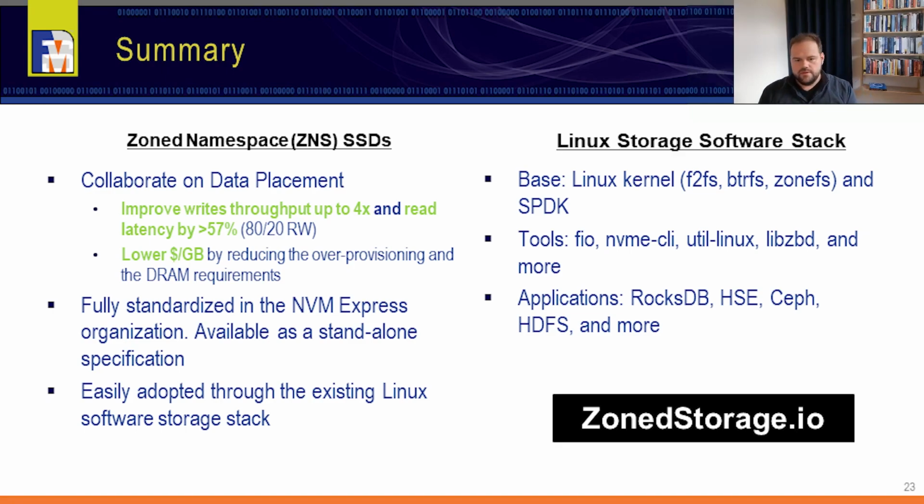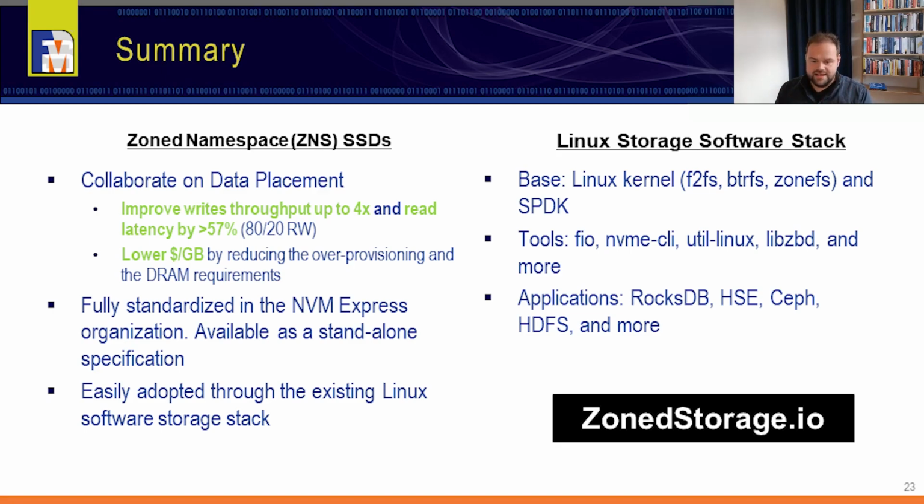So the summary: with ZNS SSDs, you collaborate on data placement, you improve your write throughput by over 4x, and your read latency by 57% or more in an 80-20 random read-write workload. You have lower dollars per gigabyte because we reduce the overprovisioning and the DRAM requirements of the SSD.